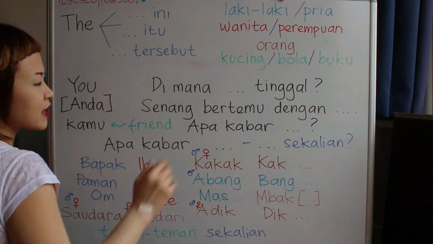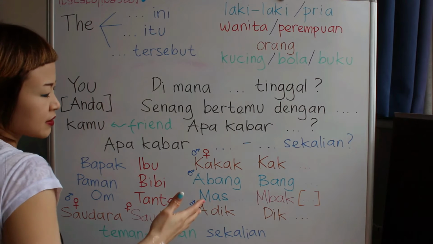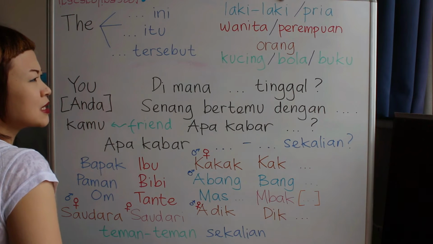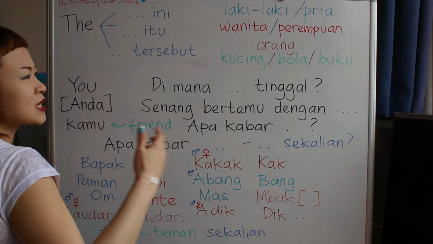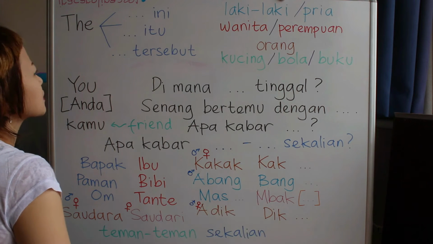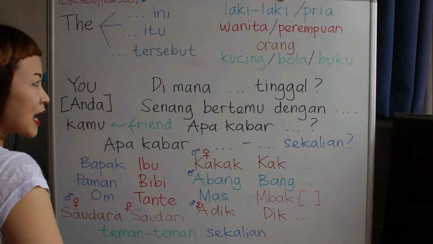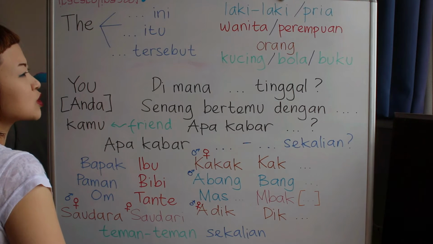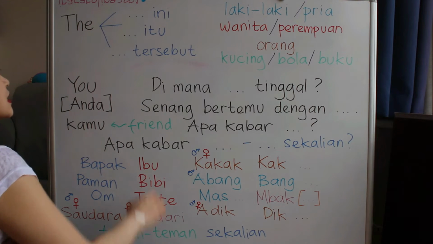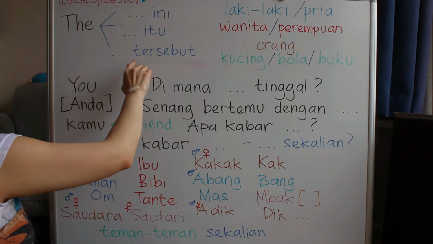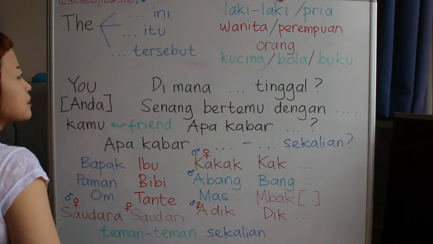This cat, that cat, just to say "the cat", instead of saying si something or sang something. Or the most polite one, the most formal one, is blah blah blah and then tersebut.